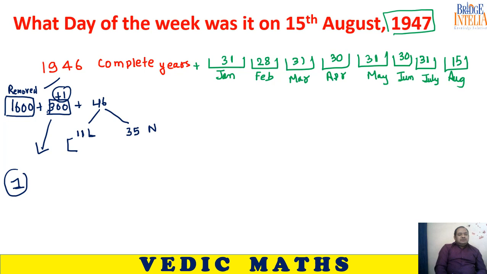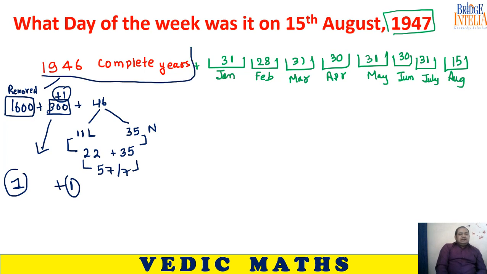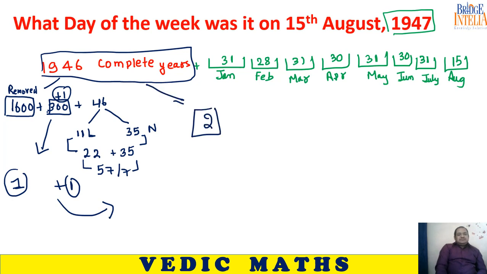So 11 into 2 is 22, and 35 into 1 is 35. So this becomes 57. So if you divide 57 by 7, remainder is 1. So you have solved this total portion. So 1 plus 1, 2 odd days. So 2 odd days you have solved from this portion. Let's solve the remaining one.